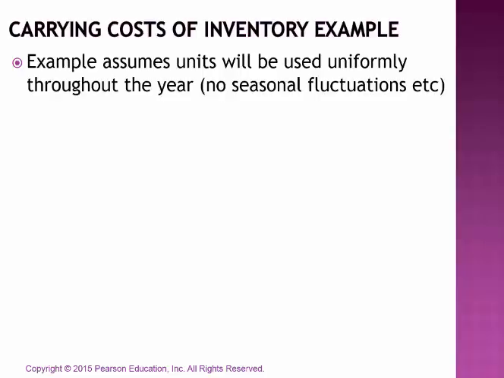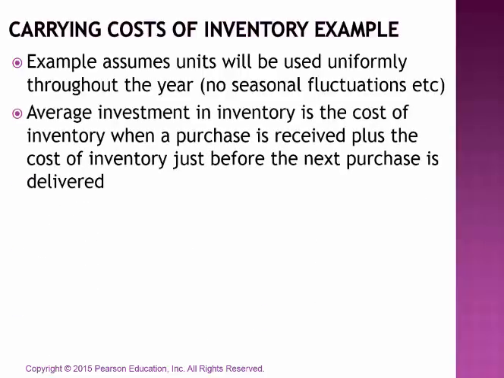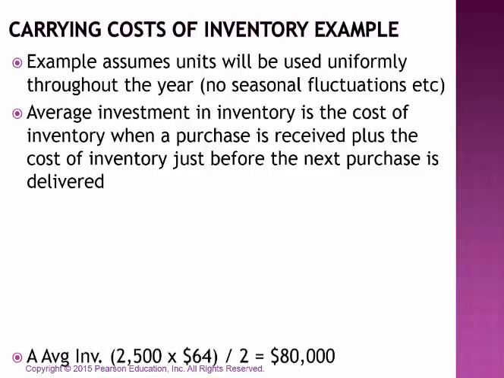The example assumes, and we love assumptions, that the units will be used uniformly throughout the year. In other words, there are no seasonal fluctuations going on. Our average investment in the inventory is going to be the cost of the inventory when a purchase is received plus the cost of inventory just before the next purchase is delivered, divided by 2.